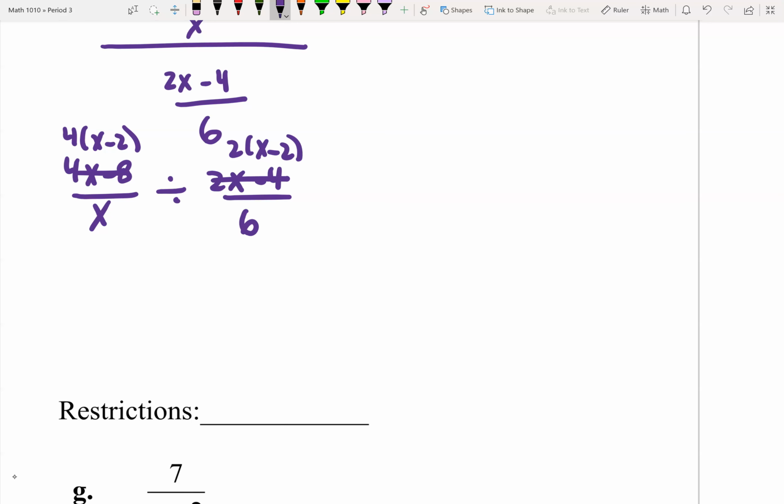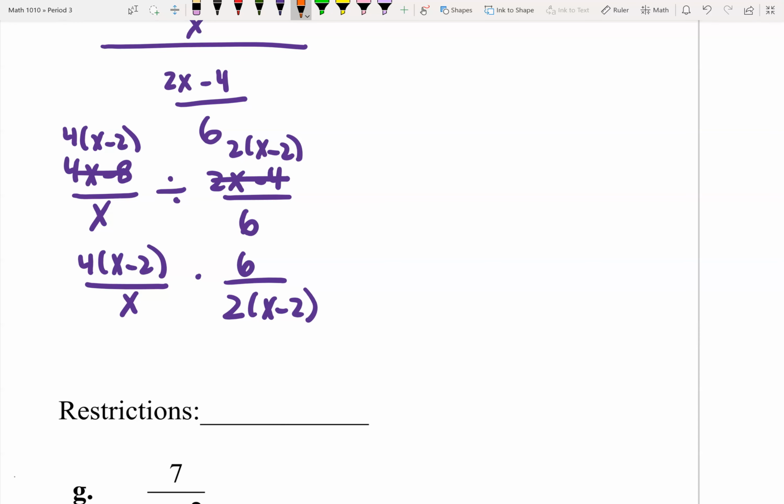Why do I do that? Because it's going to help me when I start trying to reduce this thing. Okay, so I've already rewritten it as 4 times x minus 2 over x multiplied by 6 over 2 times x minus 2. What do I do with one word from your mouth? Reduce or cancel. I like to call it cancel.